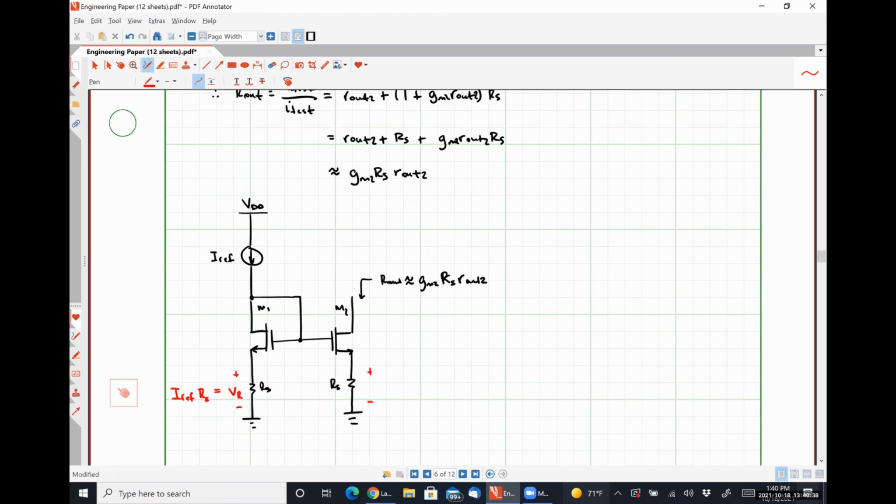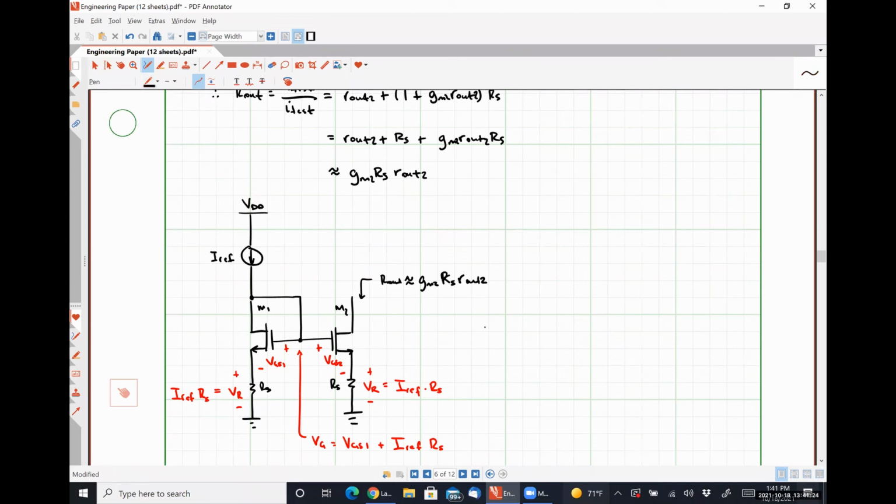And if our current mirror is doing its job, this resistor over here will also see a voltage of IREF times RS. So if this is voltage VGS1 and this is voltage VGS2, the voltage present at our gate with respect to ground is going to be VGS1 plus I reference times RS.